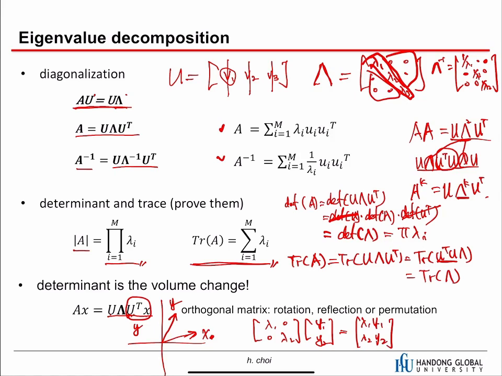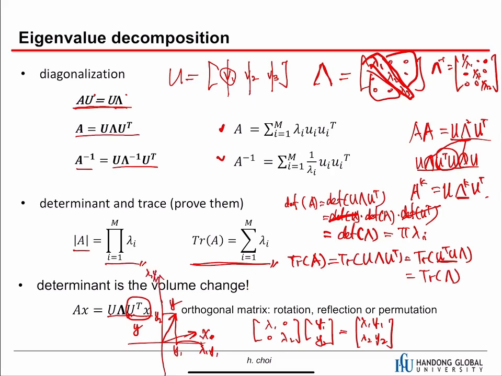If we multiply this, then we get lambda 1 y1 and lambda 2 y2. After multiplying by lambda 1 and lambda 2, we change the scale. So y has y1 and y2, and by multiplying lambda 1 and lambda 2, we get lambda 1 y1 and lambda 2 y2.